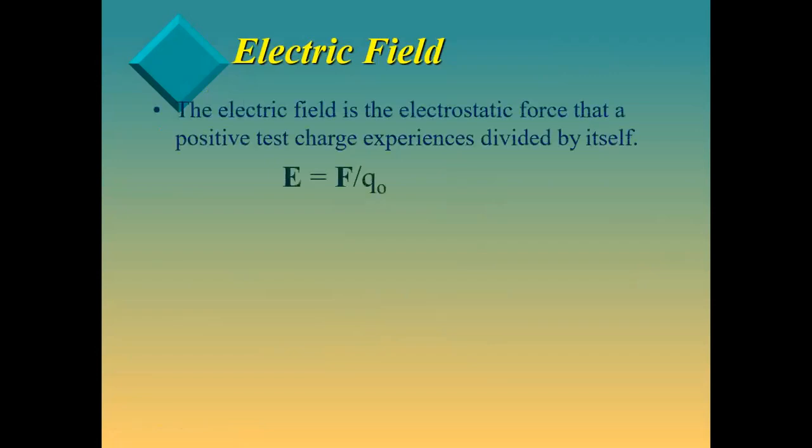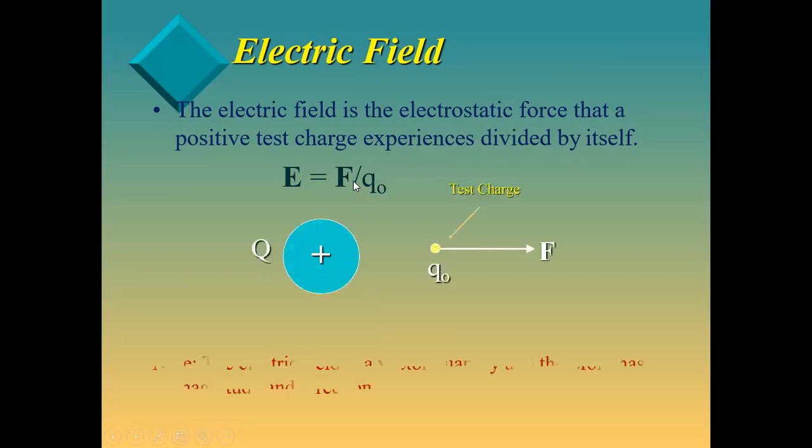Now, how can we calculate the electric field? The electric field is the electrostatic force that a positive charge experiences divided by the charge itself. E equals F divided by Q0. Then this is the Q, the charge that we want to calculate the electric field for.